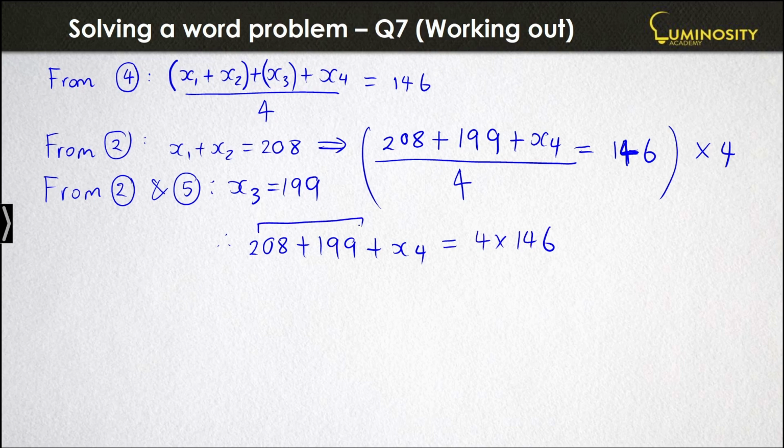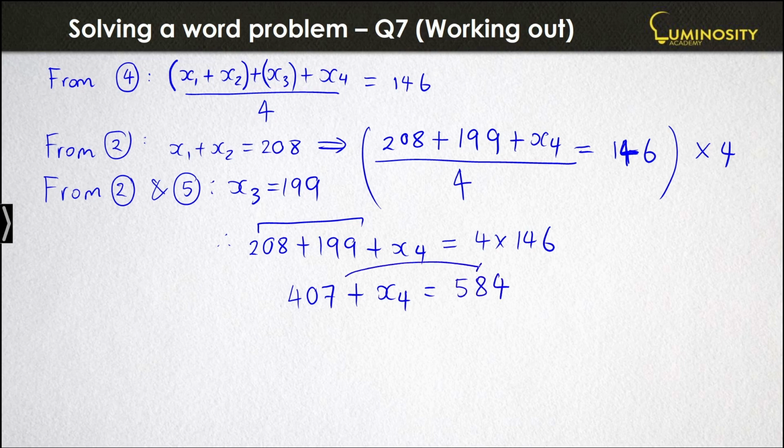Cleaning that up, we have 407. So 407 plus x4 equals 4 times 146, putting that in the calculator, and you'll get 584.